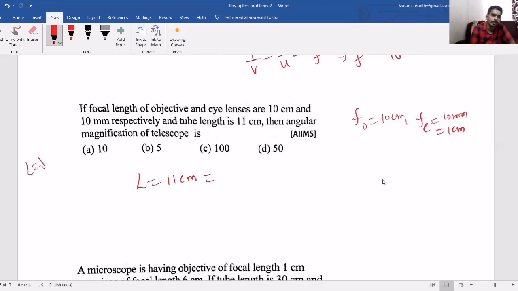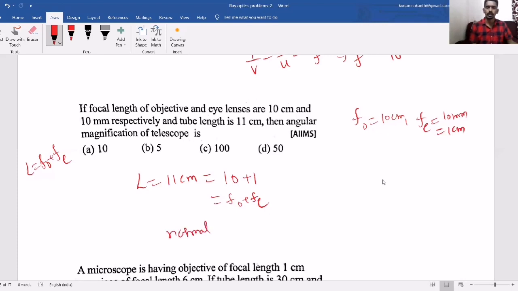But the tube length becomes f naught plus fe under what condition? Normal adjustment in the case of a telescope, I said. So that 11 centimeter is nothing but 10 plus 1, like f naught plus fe. The length of the tube is indirectly given as the sum of f naught plus fe, so it must be the normal adjustment condition.